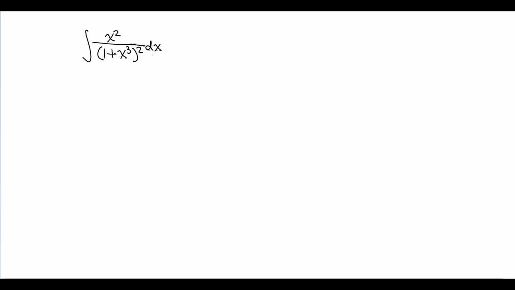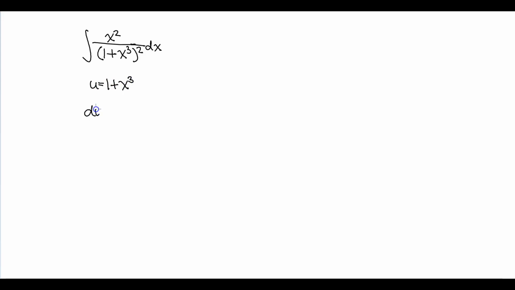Well, what I think is a good idea is you have an x squared and an x cubed. So I think some u substitution would suffice. How? By letting u equal 1 plus x cubed.